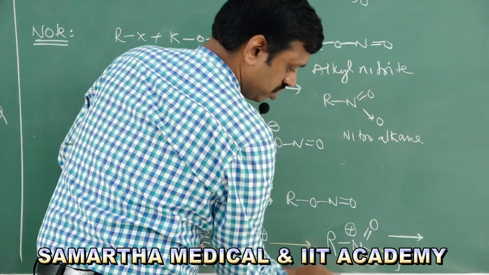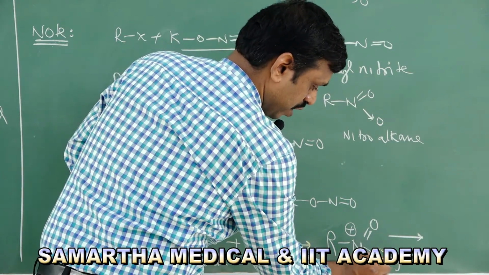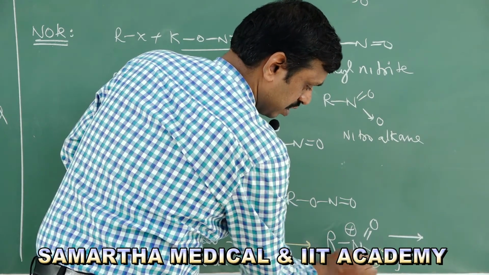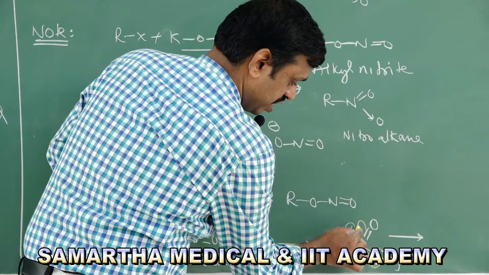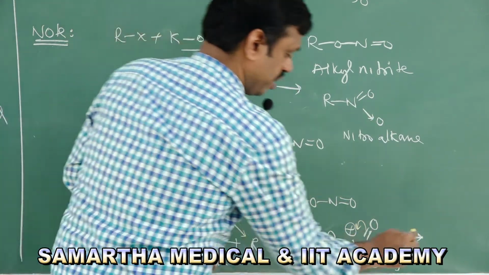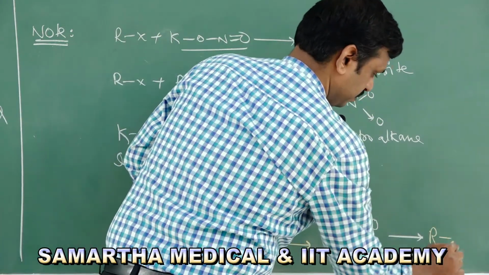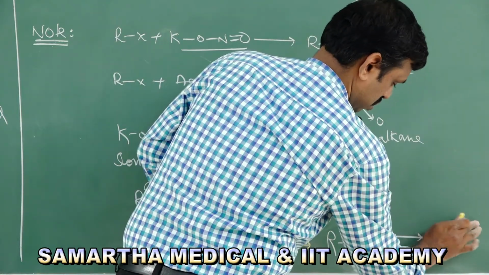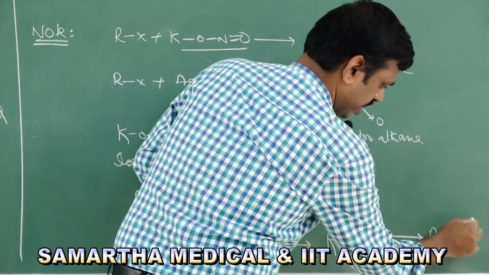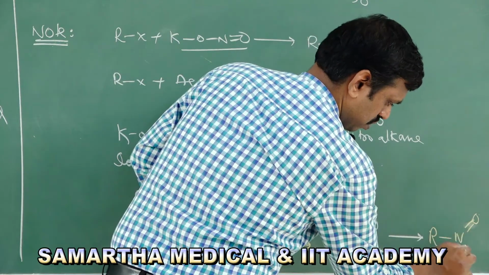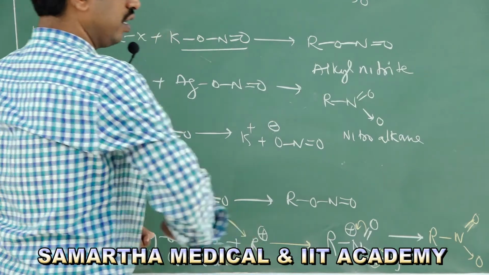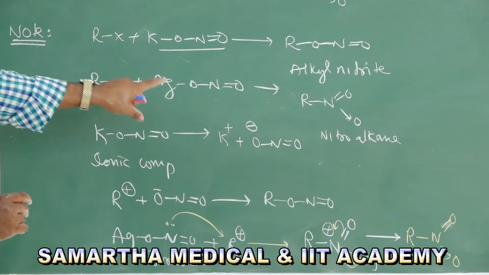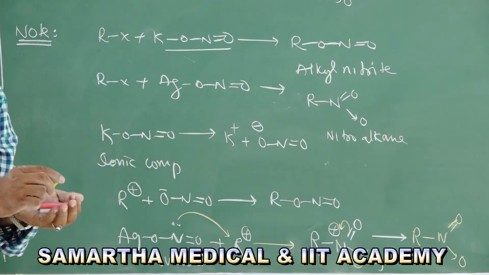Then this bonded electron pair is taken by this, and finally this lone pair shifted here. So it becomes R, and this N becomes single bond now, one single bond and one double bond. You will get nitroalkane. So this is the difference in how alkyl nitrite and nitroalkanes are formed.